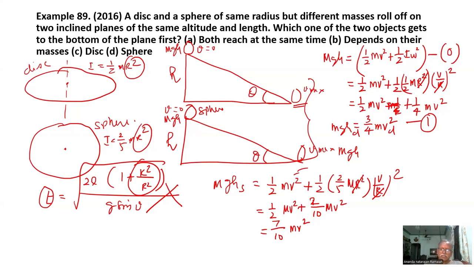Velocity is not constant. That's the mistake I made. Velocity is 0 here and maximum here. Only with a constant velocity can we substitute like this.